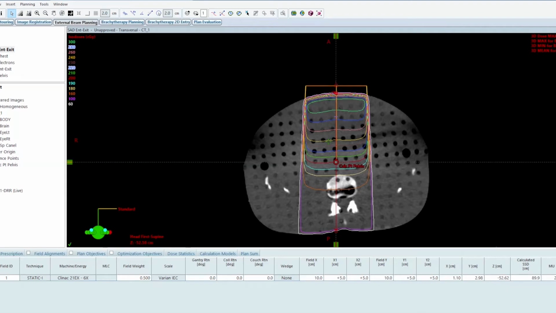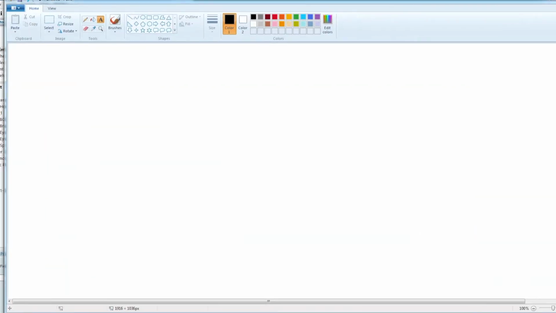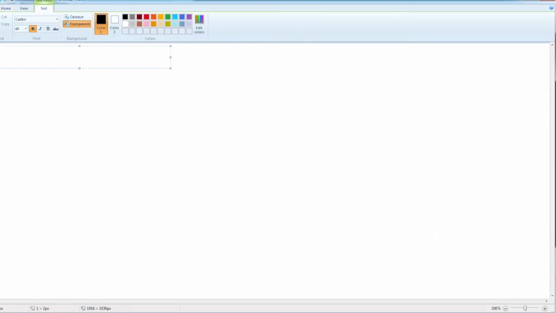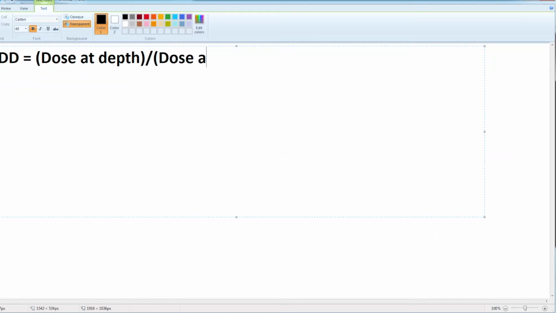Now what do I want to do for entrance dose? How do I figure out entrance dose? Well, with my percent depth dose example from week 2, we had PDD equals dose at depth divided by dose at D max. And this is fine. We could use that.